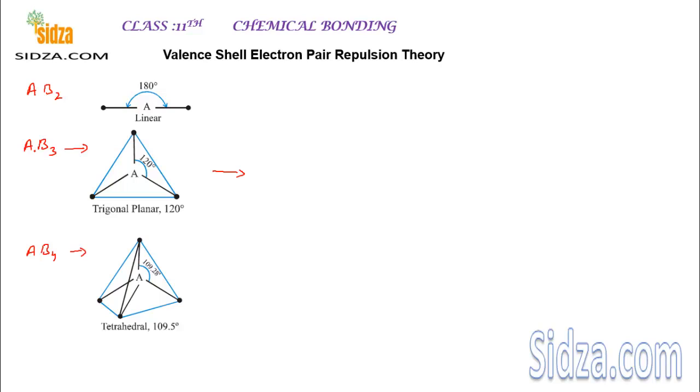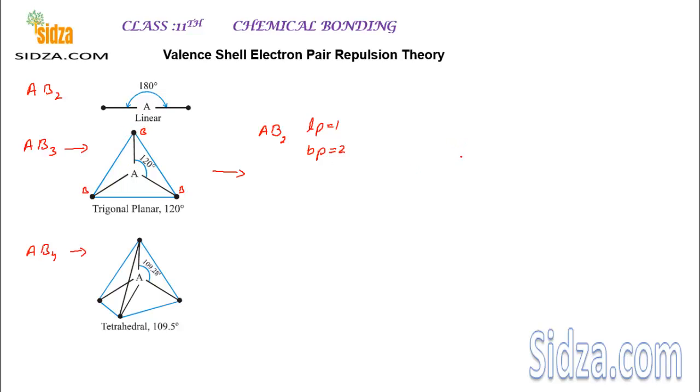Now what if we do some modifications to the AB3 type molecule? Suppose I replace one atom B by a lone pair. So that means I'll get a molecule like this. This will be the AB2 type molecule, but it has 1 lone pair, and now the bond pairs will be 2, correct? Because I replaced one of the B atoms by a lone pair.